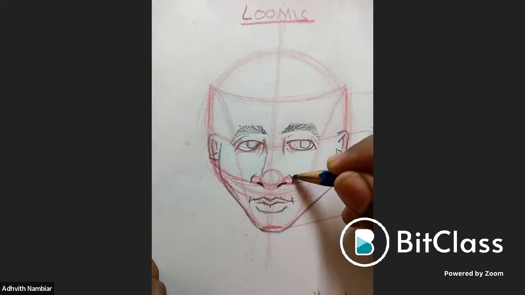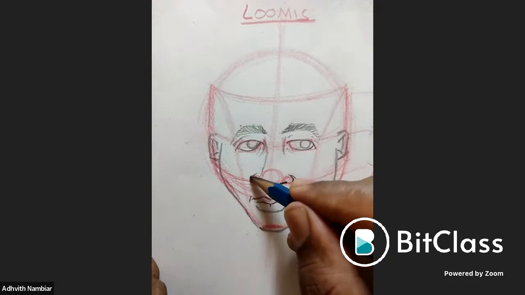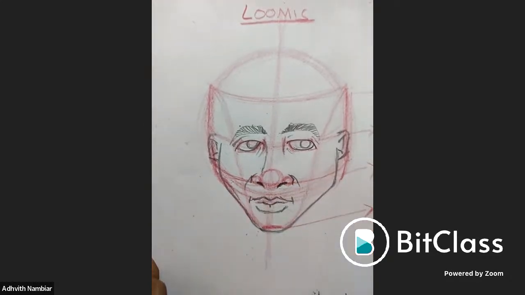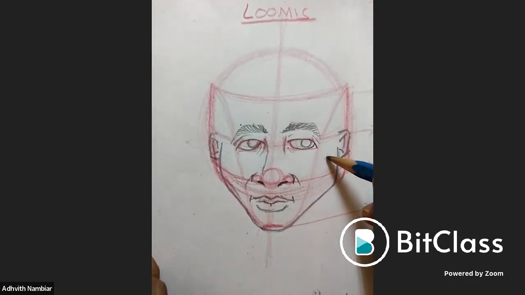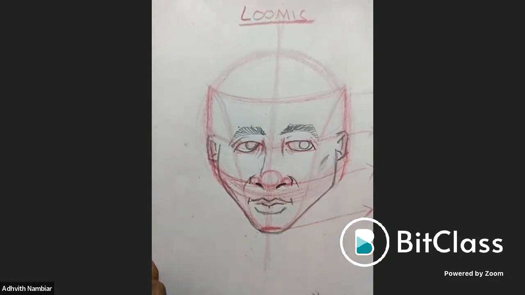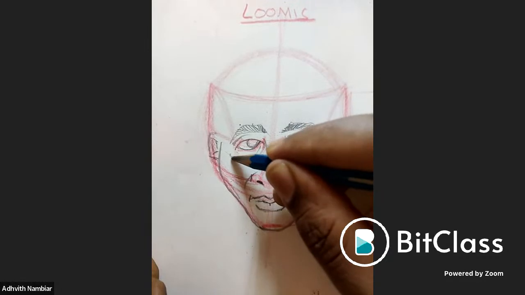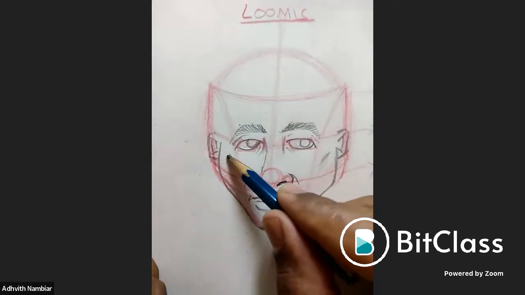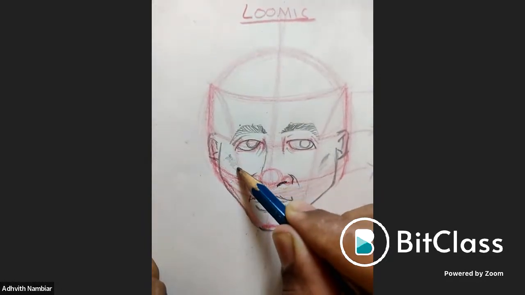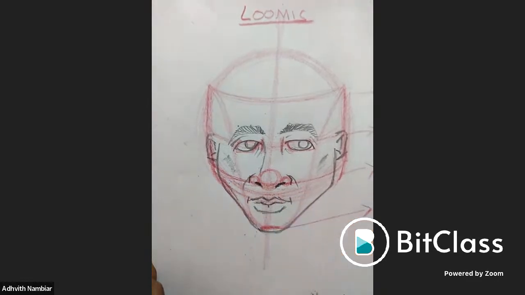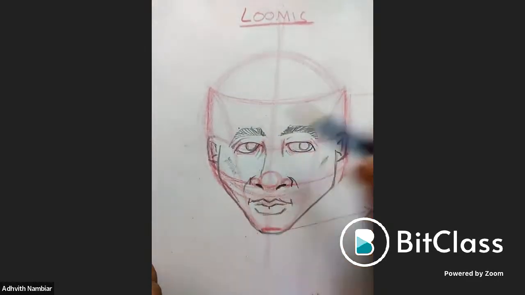Okay. Now, small little things like cheek lines, that's important. Cheekbone lines, just a slight shade there. And a slight one on the other side. Okay.